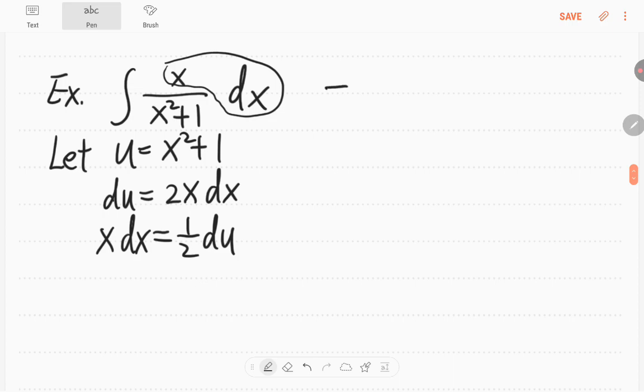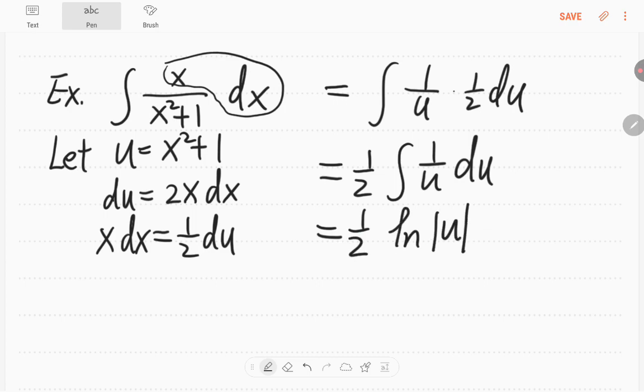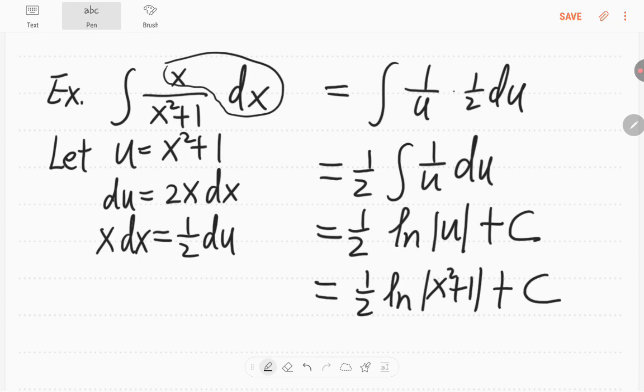Our new integral would be 1 over u times 1/2 du. We take the constant out, and it would be 1/2 times the integral of 1 over u, which is 1/2 natural log of the absolute value of u plus constant c. So it is 1/2 natural log of x squared plus 1 plus constant c.